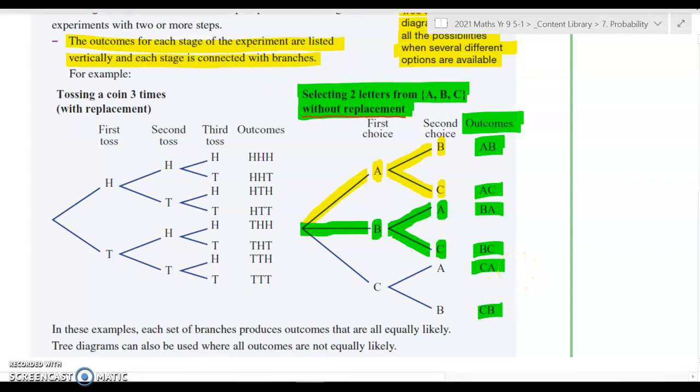You can see from that diagram that we got 6 different outcomes, and all are equally likely. In other words, none of these outcomes are more likely to happen than any of the others. They're all equally likely.